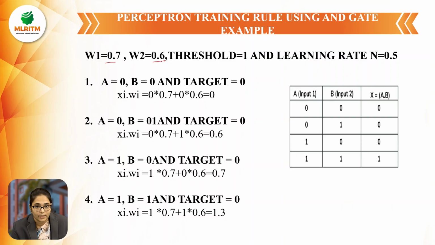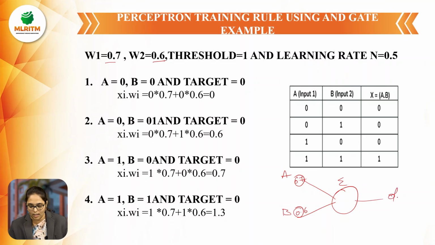The same thing will follow. A and B are the inputs, and the weights are 0.7 and 0.6. Again we'll perform the summation function and then generate the output. You need to classify perfectly. First we'll substitute the first input values, which are 0 and 0.